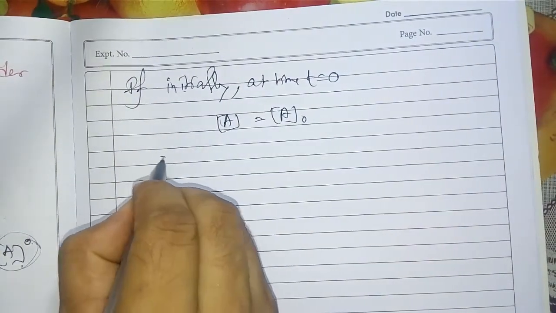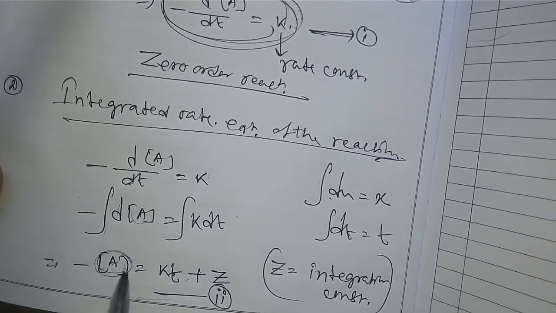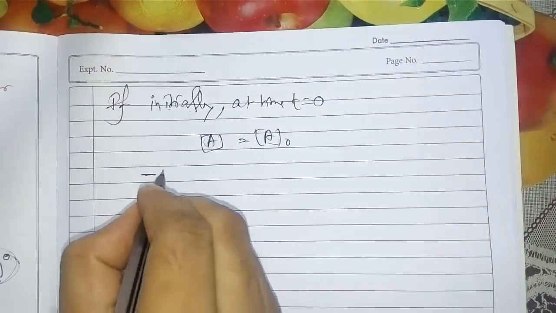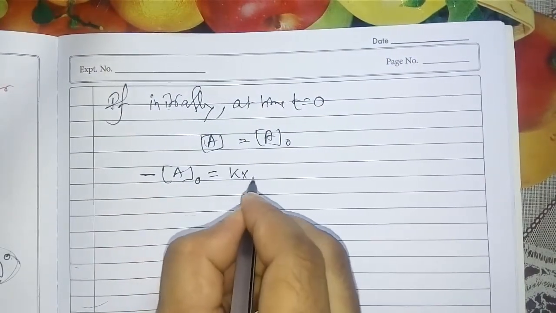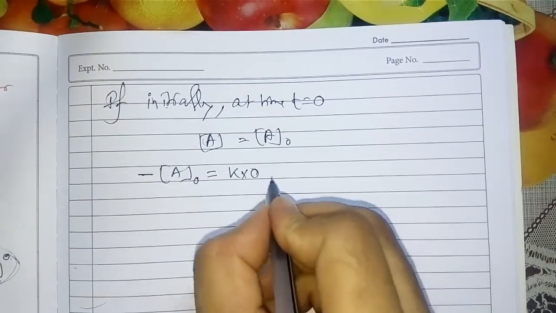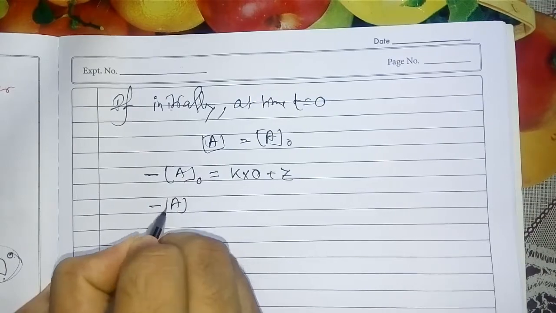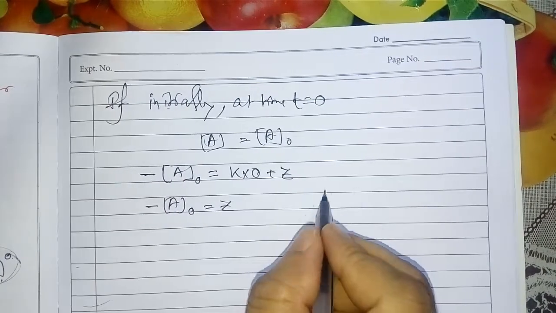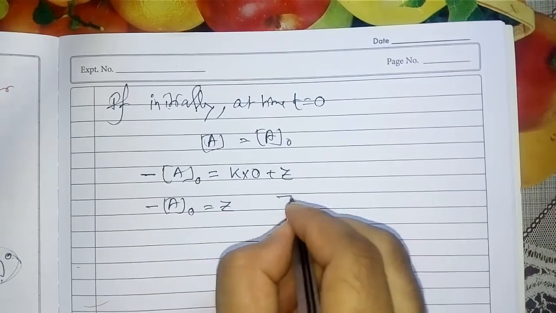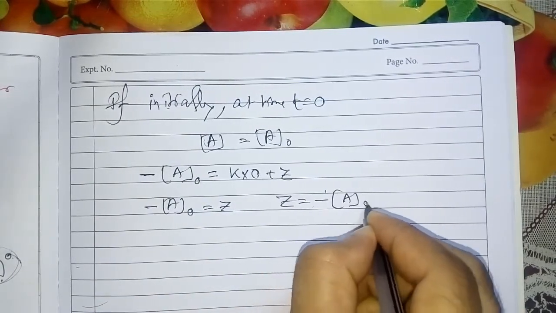So you will get minus A naught equals K times 0 plus Z, or minus concentration of A naught equals Z. So Z equals minus concentration of A naught.